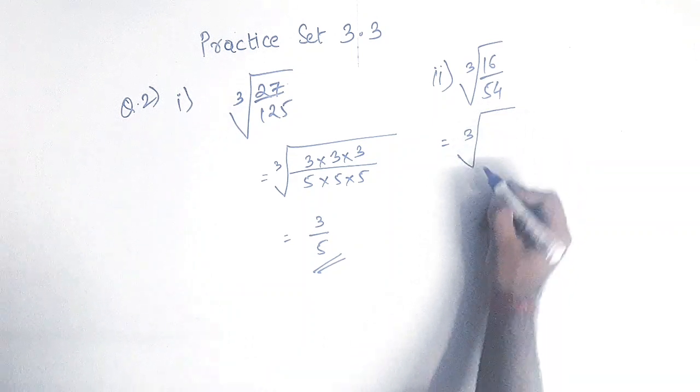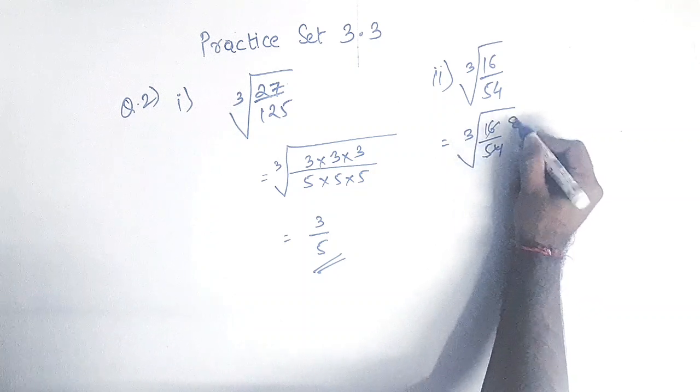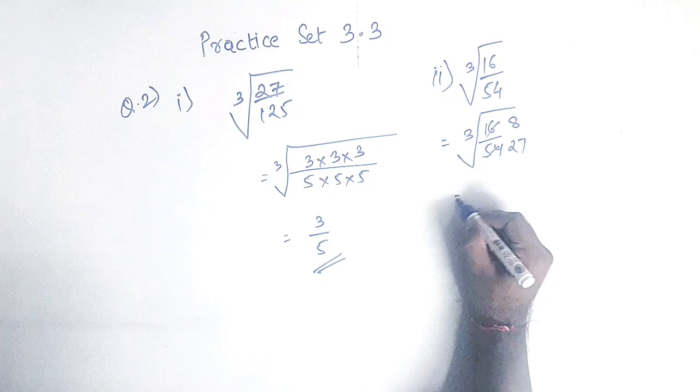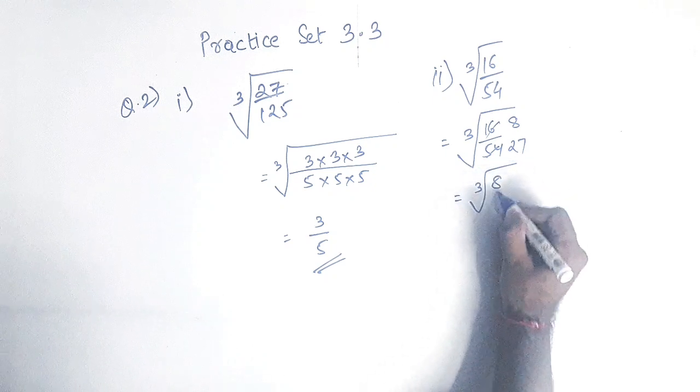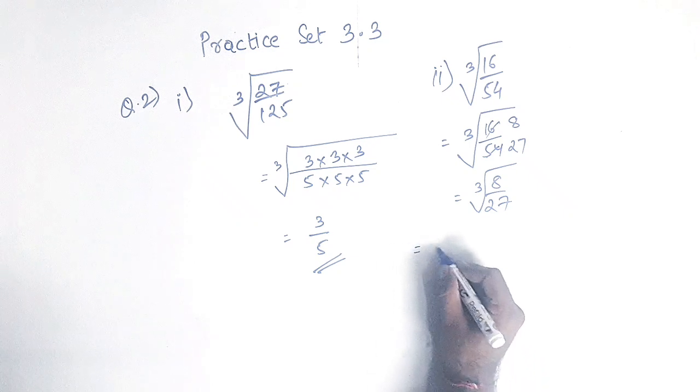So I'll cancel them by 2. So 2 8s are 16, 2 27s are 54. So your question now becomes 8 upon 27. Okay, which is very easy.